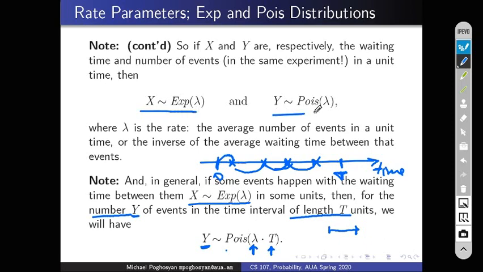If the waiting time is exponential lambda, and I want to find the distribution of the number of events in a time interval twice as long as that unit time, say in hours, so y is the number of events during 2 hours, then I need to write Poisson with 2 times lambda.